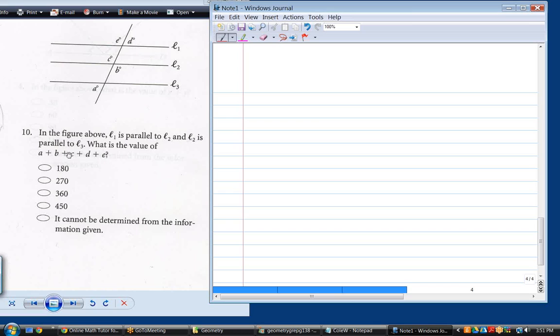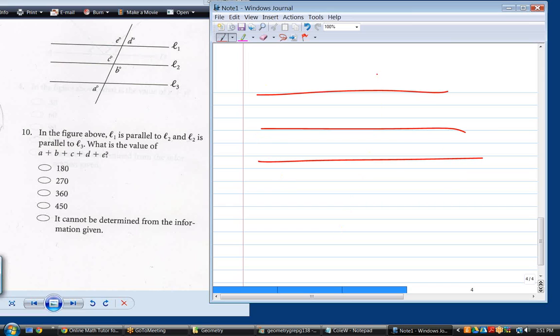So A plus B plus C plus D totals 360, but E could be anything. In other words, I could draw this picture. The thing to notice here is that if I drew the picture like this and made that angle just a little steeper, I still have A plus B plus C plus D equal to 360, and E is different now.